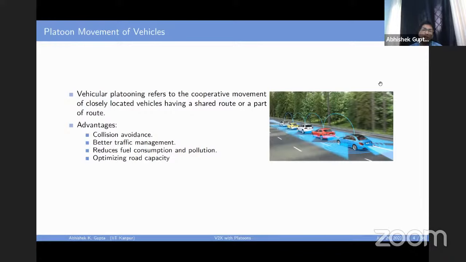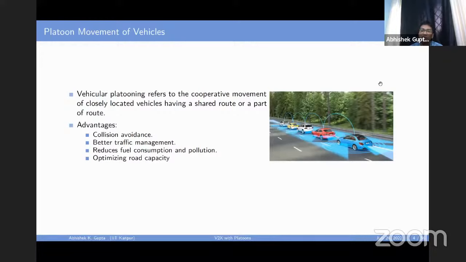So what can be the advantages of such platooning? First, if you can manage these platoons, then your overall traffic management becomes local. You can have better traffic efficiency. You can maintain the distances between these vehicles. They're communicating with each other, so this can avoid collision.